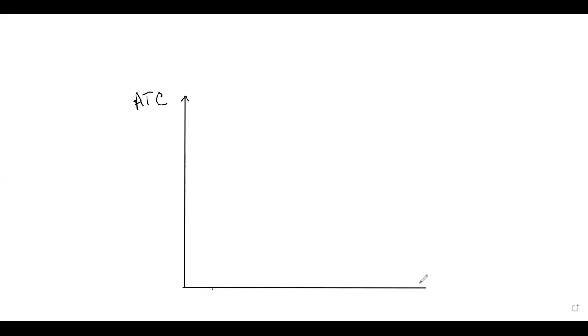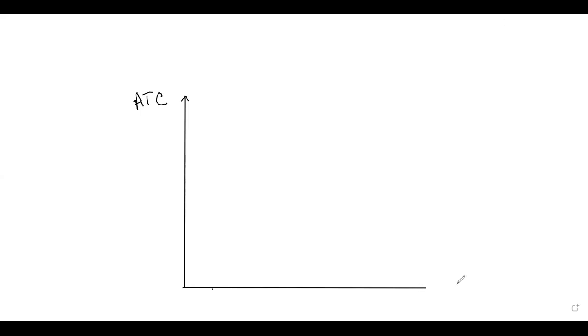First of all, you'll draw a simple graph with the y and the x-axis. On the y-axis you will have ATC, the average total cost of producing a certain product, and on the x-axis, the quantity of output.